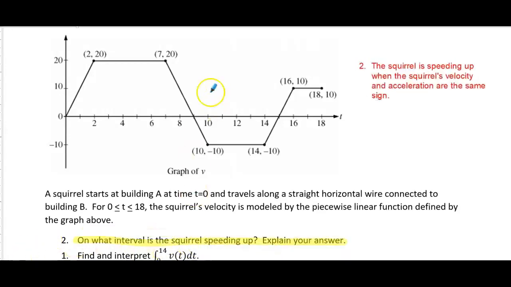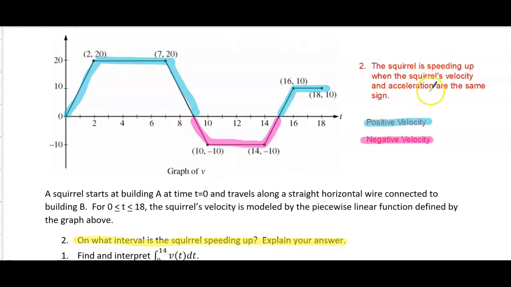Now we've already mentioned that velocity is positive anytime this line is above the x-axis. So it's on these intervals that my velocity is positive. And therefore it's not too difficult to see then that on this interval down here, my velocity would be negative.